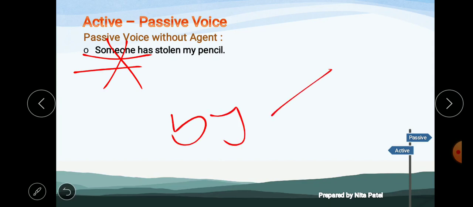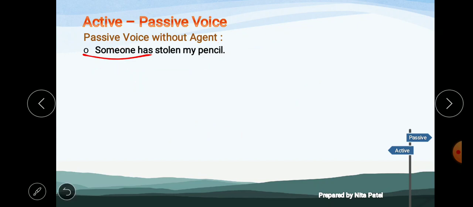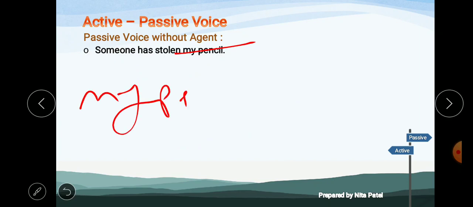The other rules are the same here, it is an affirmative sentence. Nothing new, we just have to cut the subject. Let's see it. Someone has stolen my pencil. My pencil is the object, so we write my pencil.